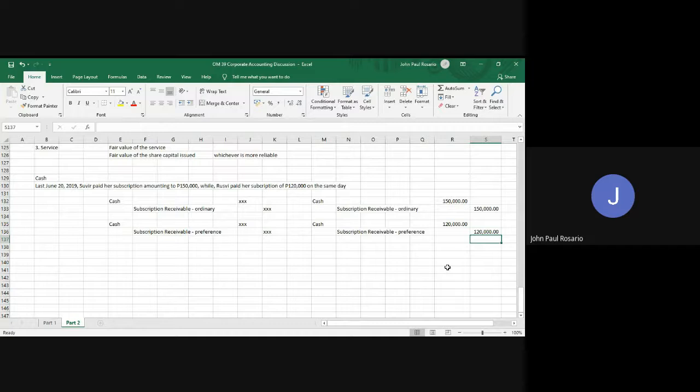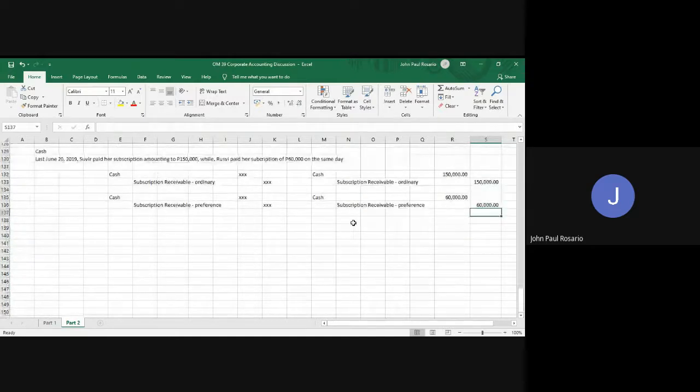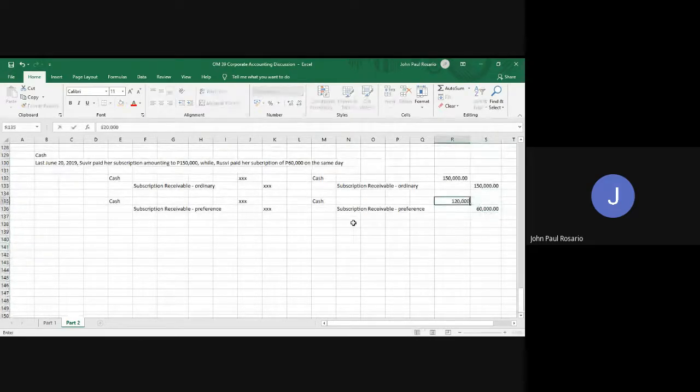Okay. So sir, what if partial lang ang nabayaran? So let's say, sige, let's assume na lang na ang nabayaran ni Rusvi is only 60,000. Okay? So yung mga batang cash 60,000 and then 60,000. This is 120,000.